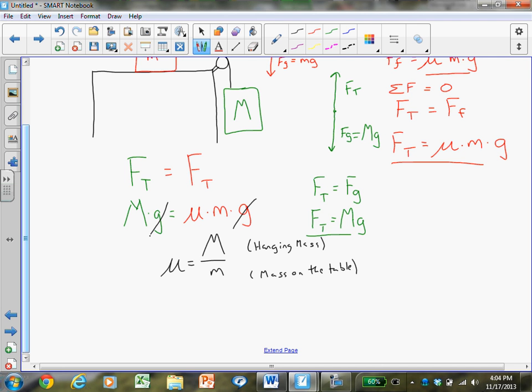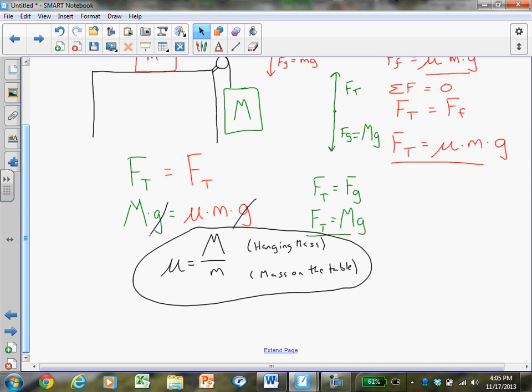And so that's one way of calculating mu, is just to put a mass on there where it just starts to move, and therefore calculate your coefficient of friction. Now, one way to do that is sand in a cup. You slowly add sand to it.